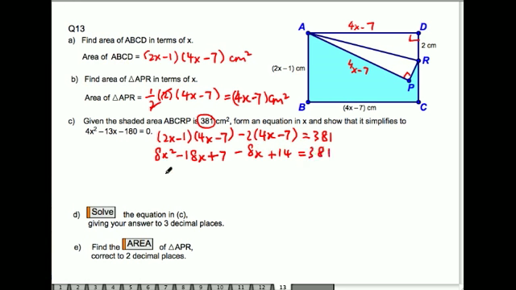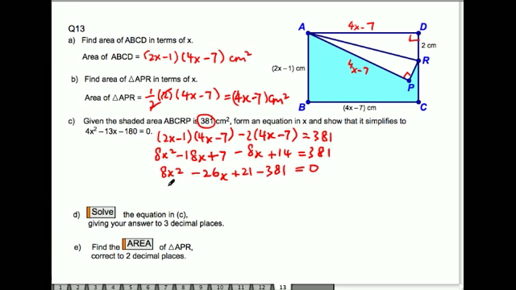Okay, simplifying it, we have 8x squared minus 26x plus 21 minus 381 equals 0.